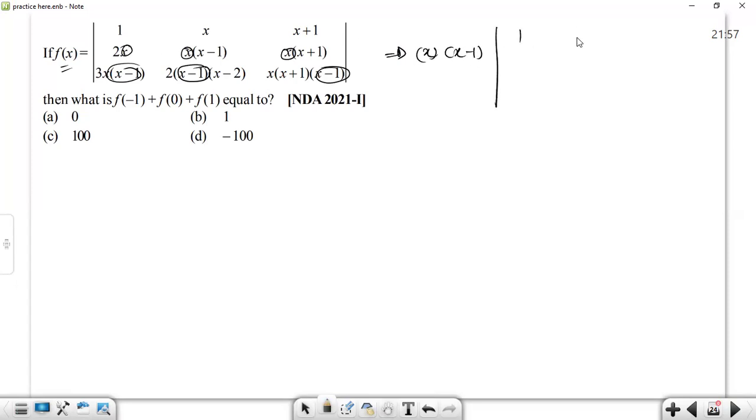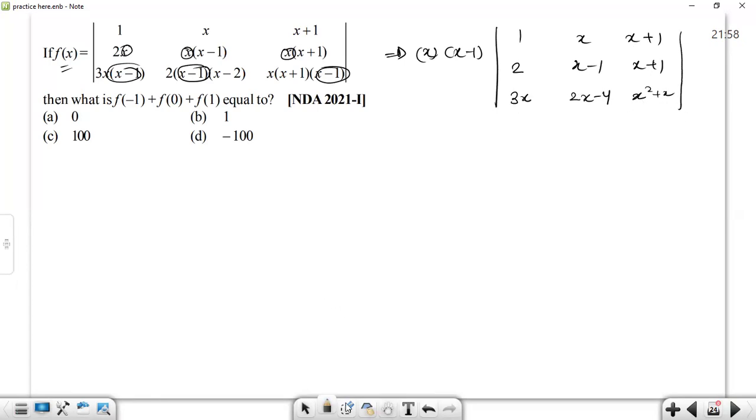The first row is untouched. The second row is 2 into x minus 1 and x plus 1. The third row is 3 of x into 2 into x minus 2, so 2x minus 4, and x into x plus 1, that is x square plus x.